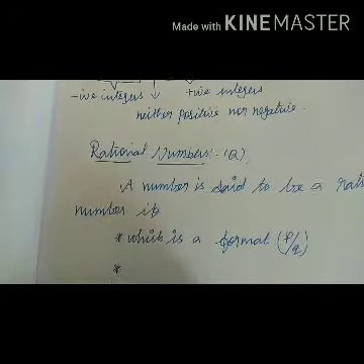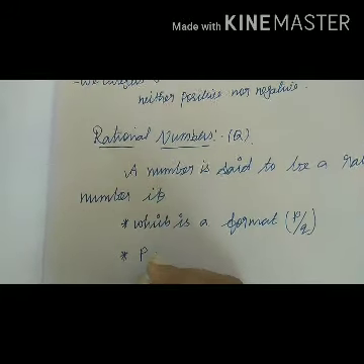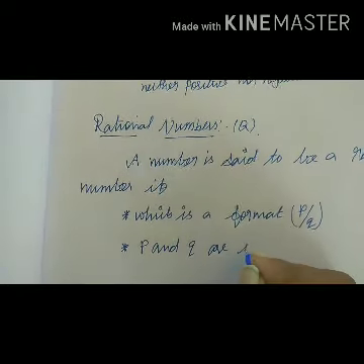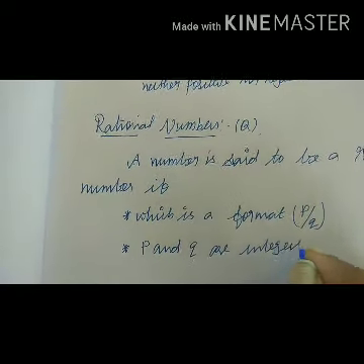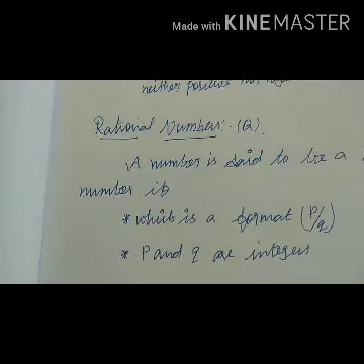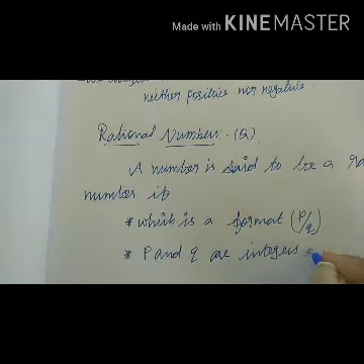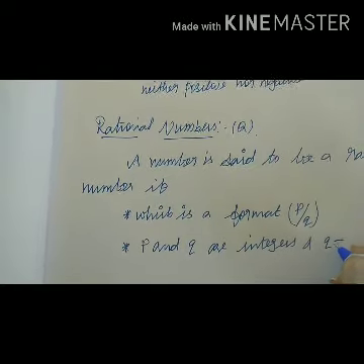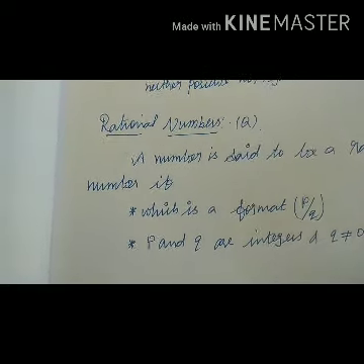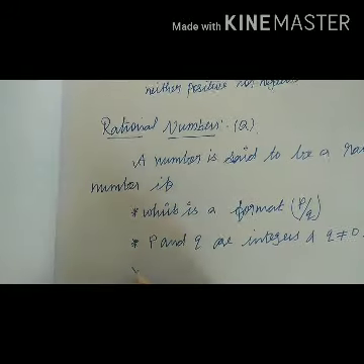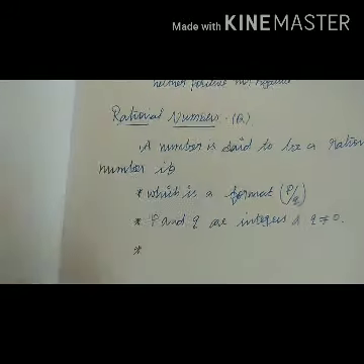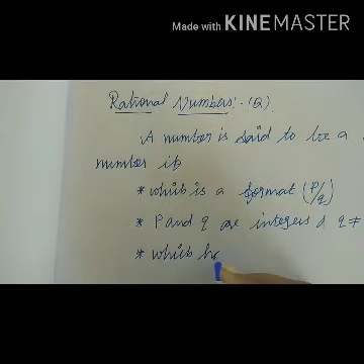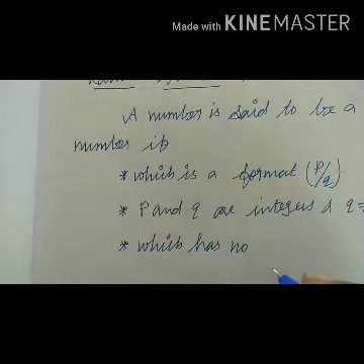Second condition, p and q are integers, and the denominator q should not be equal to 0. And the third condition is no common factors.